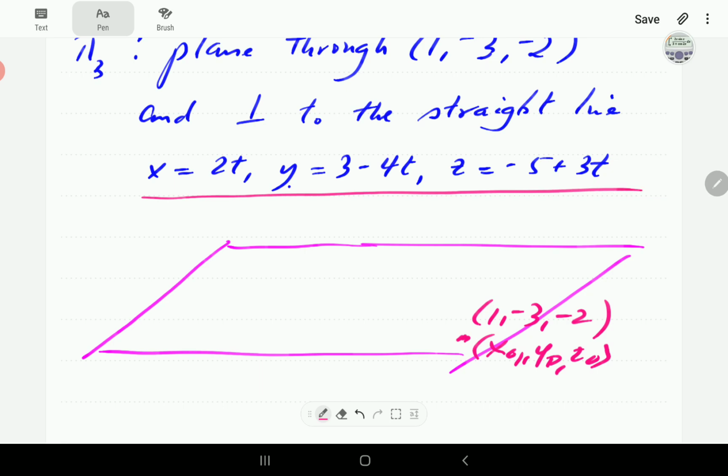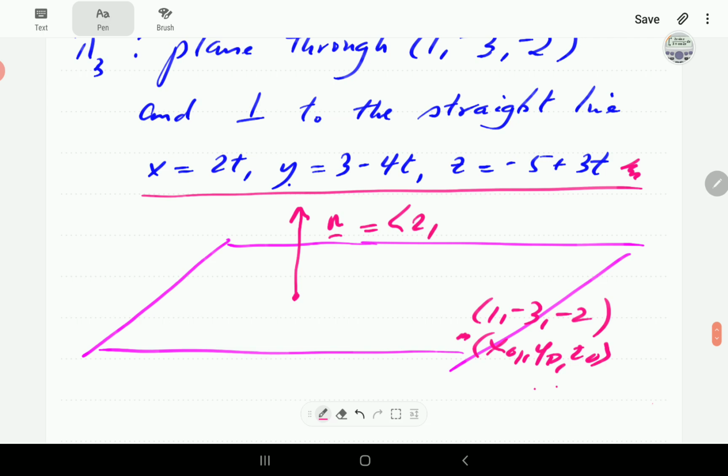If you have to, please go back and check our lecture notes on straight lines in 3D. The direction vector of the straight line here is given by the coefficients of the parametric value.